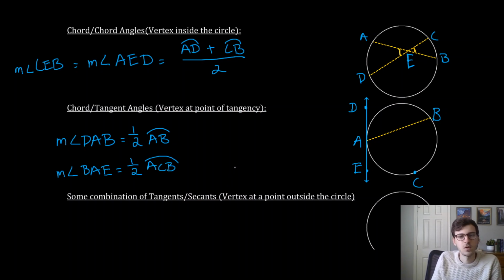So this angle here is half of that arc length. If arc AB was 100, then this measure DAB would be 50.